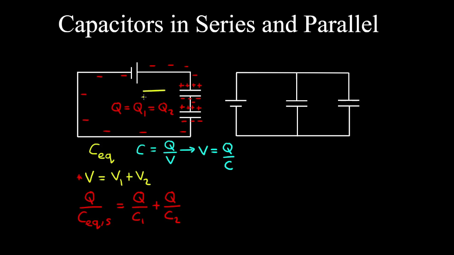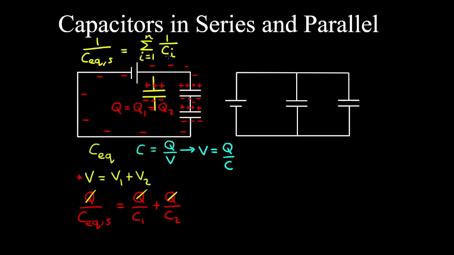So note that the net charge on the equivalent capacitor is going to be Q. So we can cancel the charge, and therefore we have the reciprocal of the equivalent capacitance in series is equal to the sum over the number of capacitors that we have in series, and we're summing the reciprocal of the capacitance of each capacitor.